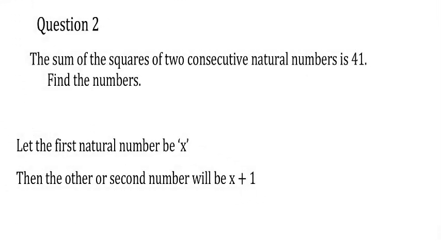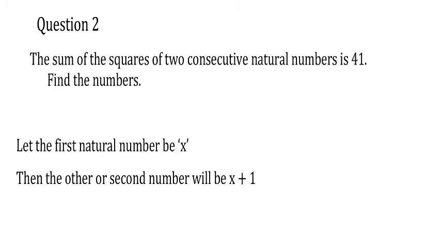Question number 2. The sum of the squares of two consecutive natural numbers is 41. Find the numbers. Apply the same steps, children. The first step, the unknown value is the natural number, that is defined as x. Natural numbers are counting numbers or positive integers.